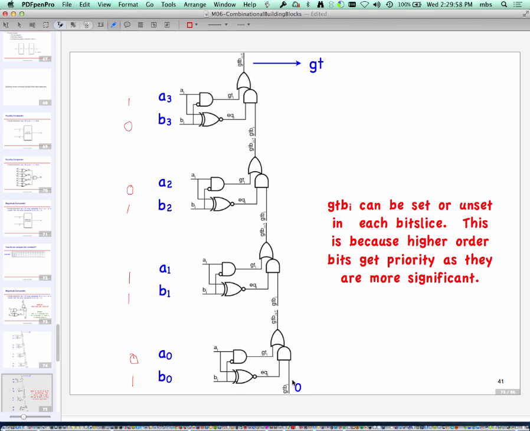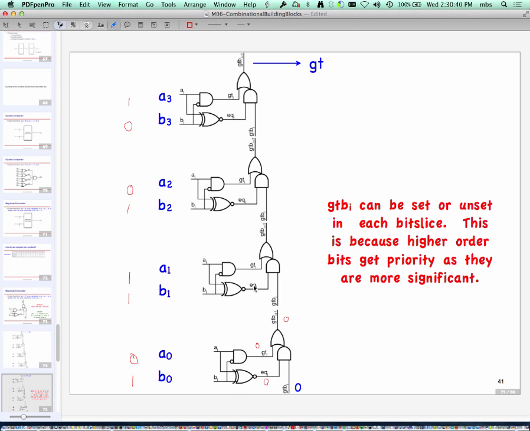Okay, so let's look at this. So we are starting out with the lowest stage. On this stage, A0 is 0 and B0 is 1. So what will happen is the signal out here, it's not equal, so this is going to be 0. And A is not greater than B, so this is going to be 0. So we are going to get 0, 0, everything will be 0, and we're going to get a 0 out here. So what this 0 is representing is that thus far, starting from the least significant bit, A is not greater than B.